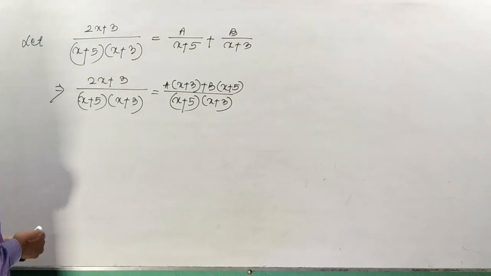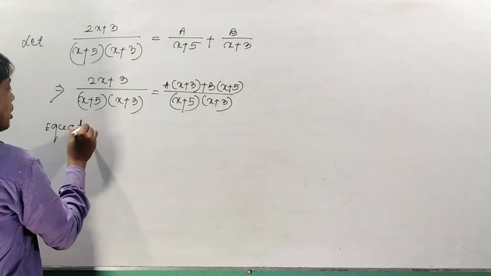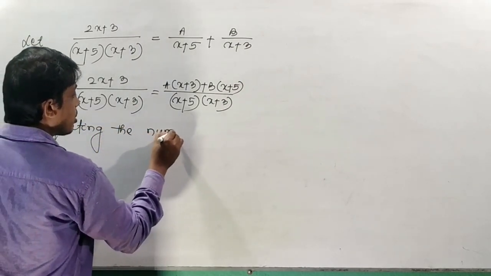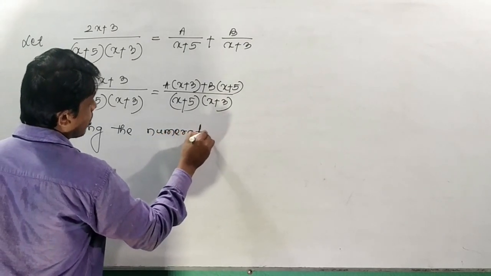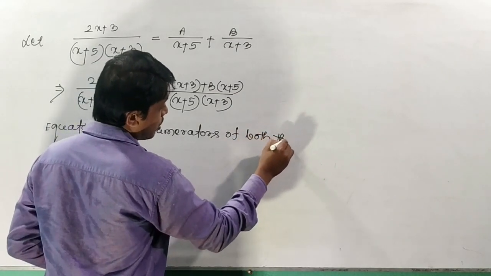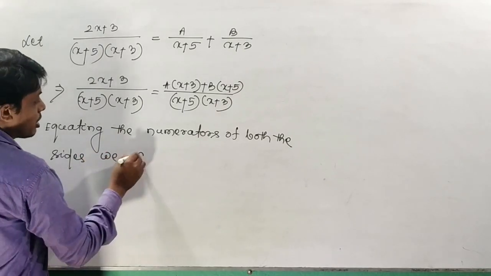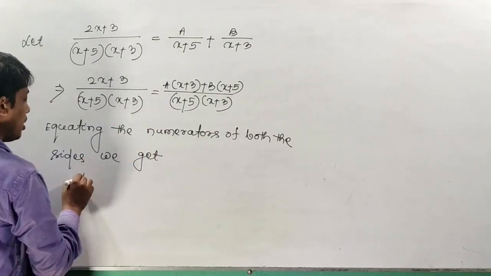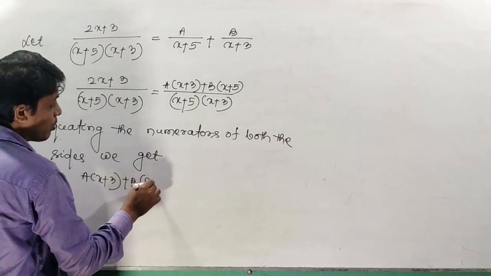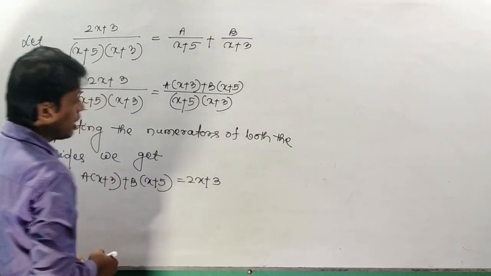So equating the numerators of both the sides, we get a into x plus 3 plus b into x plus 5 is your 2x plus 3.